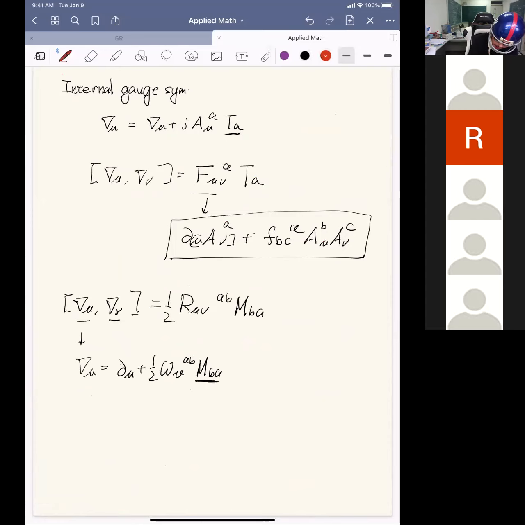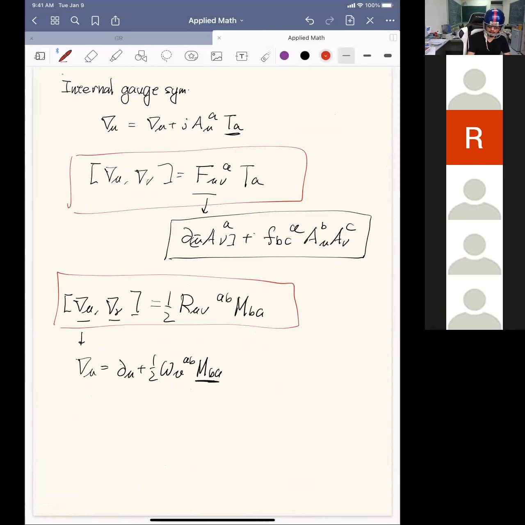So you see that this is exactly the same as what you do in field theory, where once again you have this gauge symmetry generator, you're making this a local symmetry, and you define your field strength through this commutation relation. Here you're doing exactly the same thing. And so now you see that R mu nu AB, the Riemann tensor, is literally exactly the same as the field strength in gauge theory. It's just that you're using a different symbol. I could have used F here just to be consistent, but these are literally exactly the same thing.